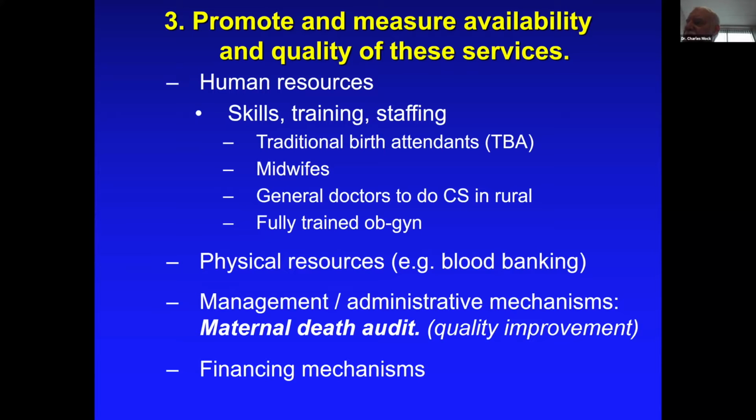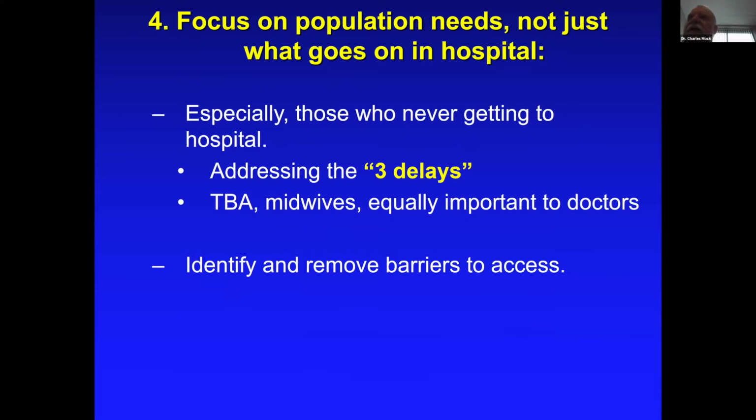So all these things have been put together in safe motherhood efforts, including focusing on population needs, not only what goes on in the hospital. They've worked out ways to address the so-called three delays: delay in seeking care, delay in transport for care, and then delay at the hospital or healthcare site. And there have been concerted global efforts to remove these barriers.